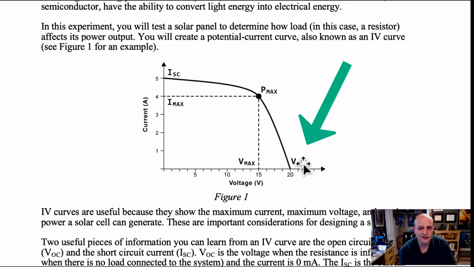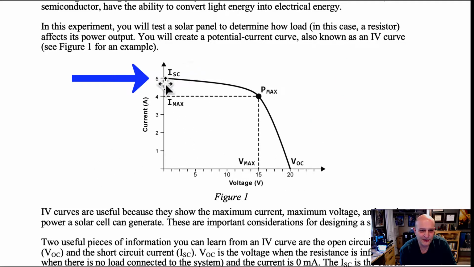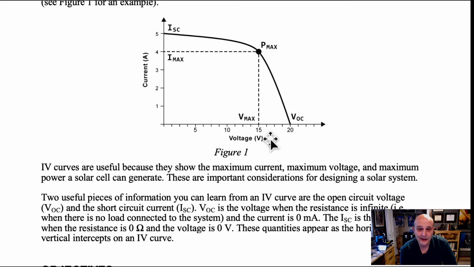There's the VOC, which is the open circuit potential, which is the voltage when there's no current, and then the current when there's no voltage, which is this point and that point. Those are the two things that help us to frame some of our math, because the Pmax has to be a point in between those, the most power that we can get out of the system. And it's always where that curve, if you were to do the second derivative of this curve, you would make a little inflection point. You would see it. Anyway, I get ahead of myself.